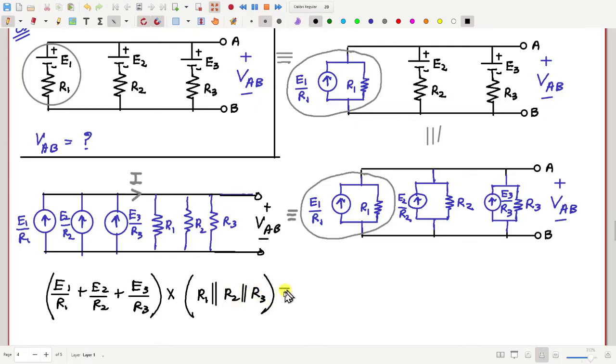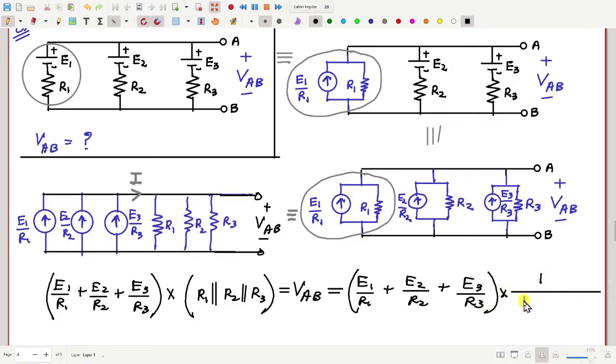So the total voltage VAB, if I simplify, is E1 by R1 plus E2 by R2 plus E3 by R3, and the parallel combination of the three resistances is 1 by R1 plus 1 by R2 plus 1 by R3. So that is the voltage VAB.